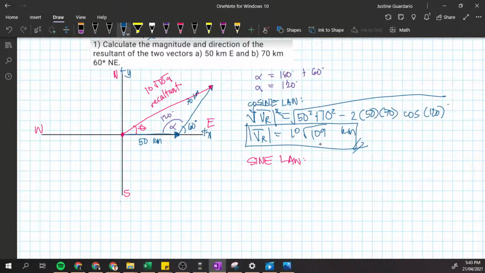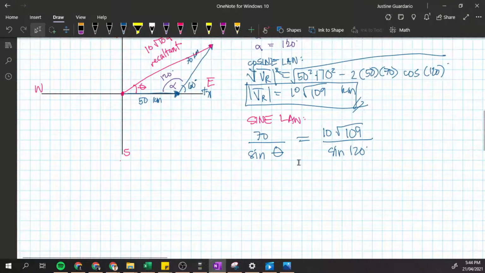We have here 70 kilometers over its opposite angle, which is sine theta, is equal to the ratio nitong haba ng resultant natin which is 10 square root ng 109 over sine 120 degrees.